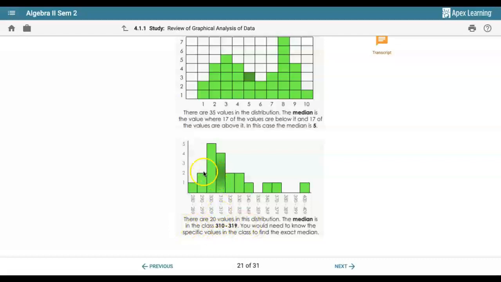So if we look at our graph here, we have 20 values, so we have to find a value where we have 10 above, 10 below. We're trying to find that midway point. And for this one, you're going to notice that it's a little bit outside of the middle of the graph. Like this one was exactly in the middle, as you would think, between 1 and 10. It's going to be somewhere around 5.